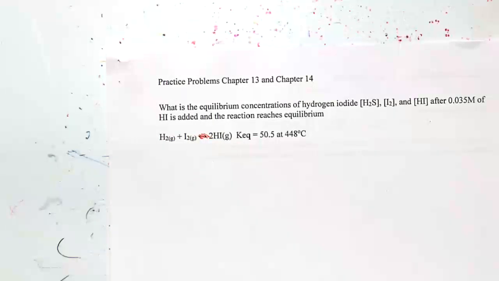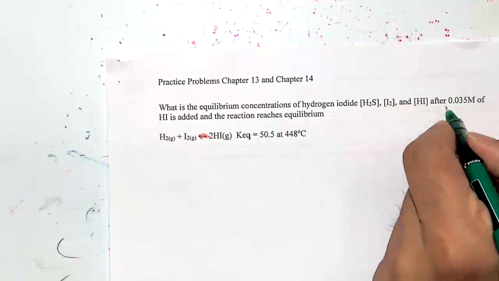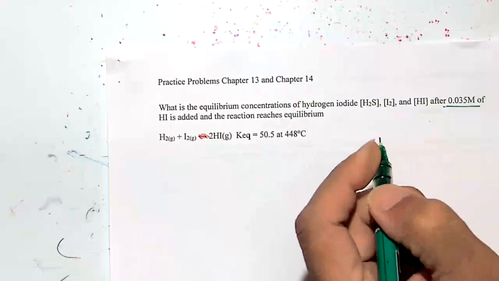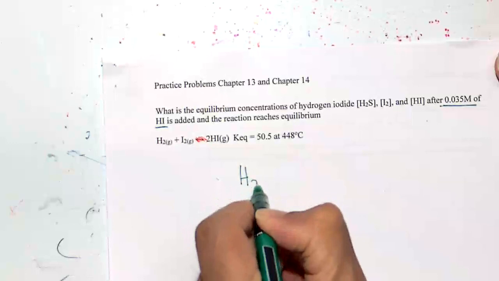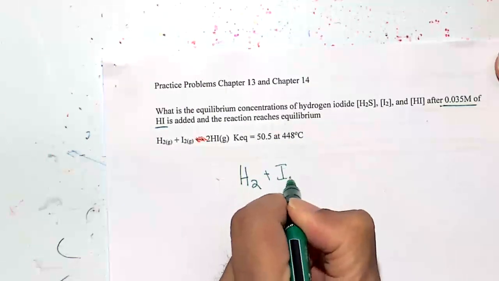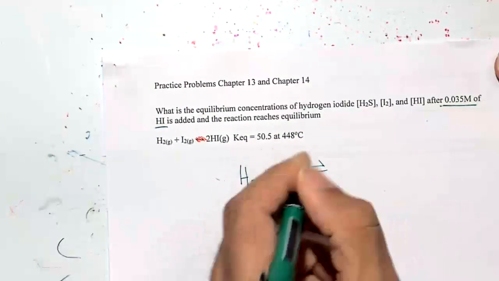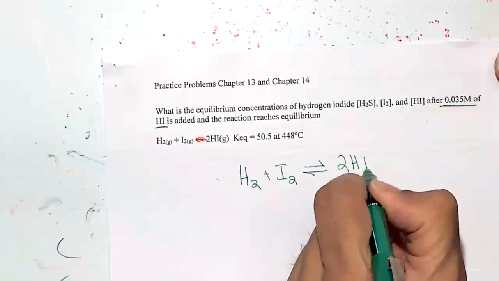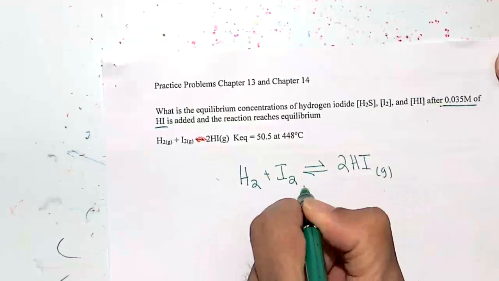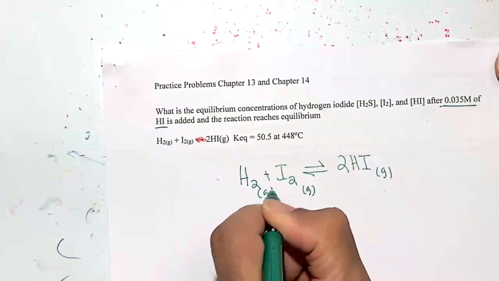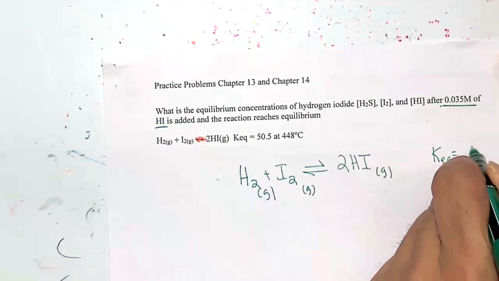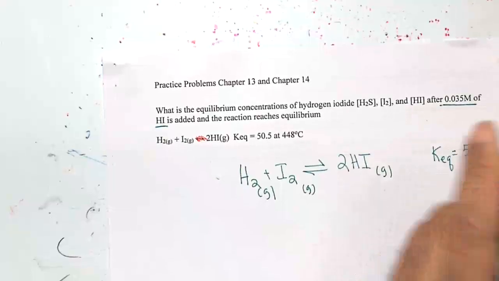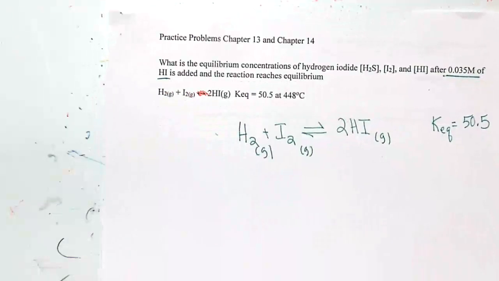So we have an equilibrium, and then we have initially 0.035 molar of HI. Okay, so I'm going to rewrite this equation. The equilibrium constant is 50.5 at this temperature.